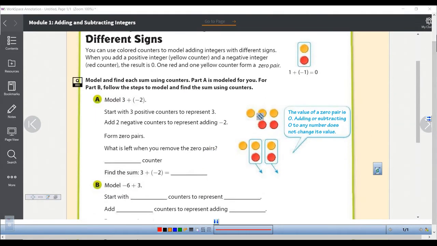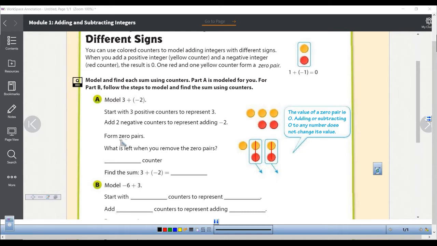For example, right here we have this problem: positive 3 plus negative 2. There's 1, 2, 3 positives and 2 negatives. You'll notice that they mark these off. I'm going to put a red line through them. That makes 0, and that makes 0. So what are we left with? We are left with a positive 1.